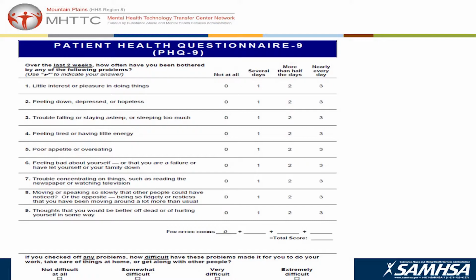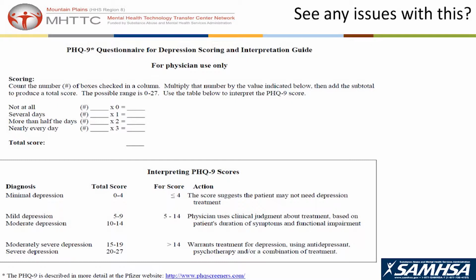So when we go to score this, and again, the scoring is simply a recommendation, it says a score of less than or equal to 4 suggests the patient may not need depression treatment.